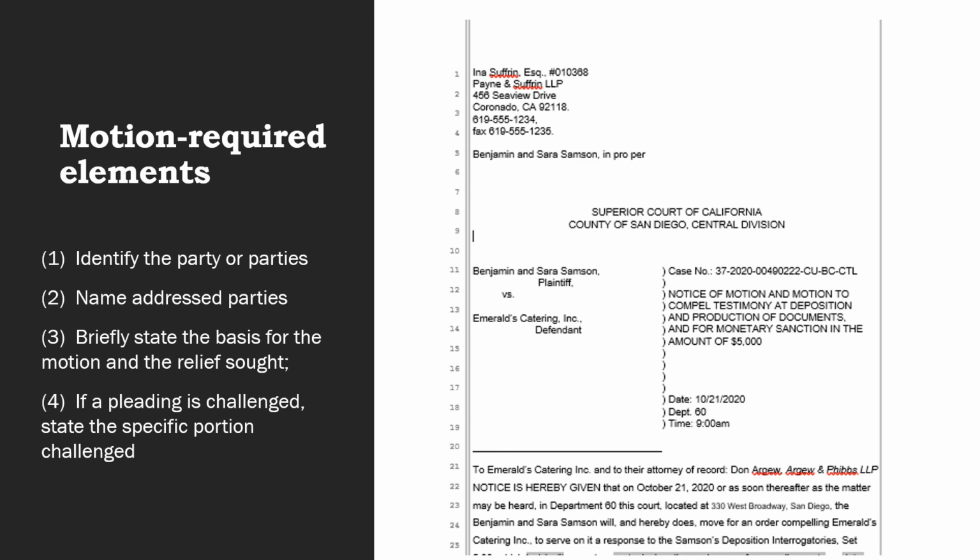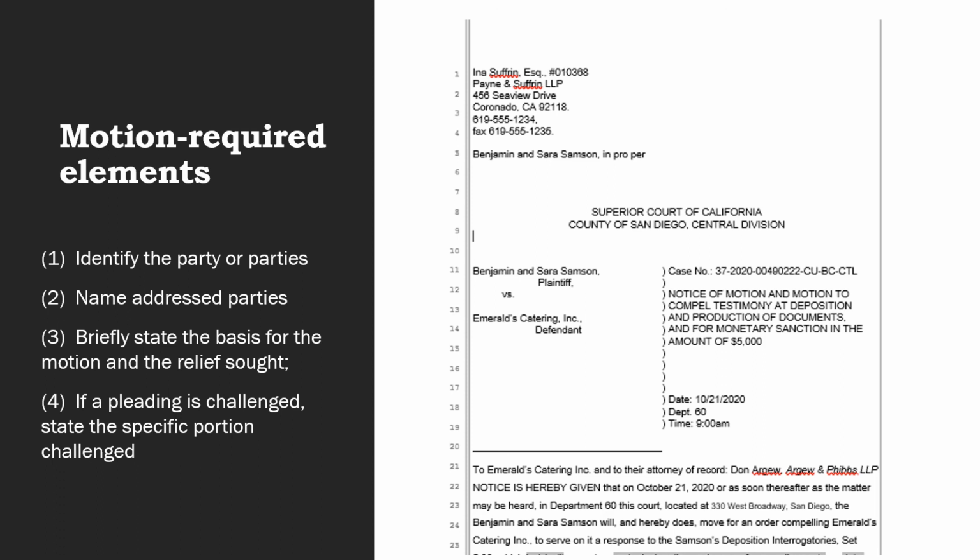So you can see that Benjamin and Sarah Sampson are the plaintiff, and Emerald Catering, this is the name addressed to the parties, and then briefly stating a motion for the relief sought.